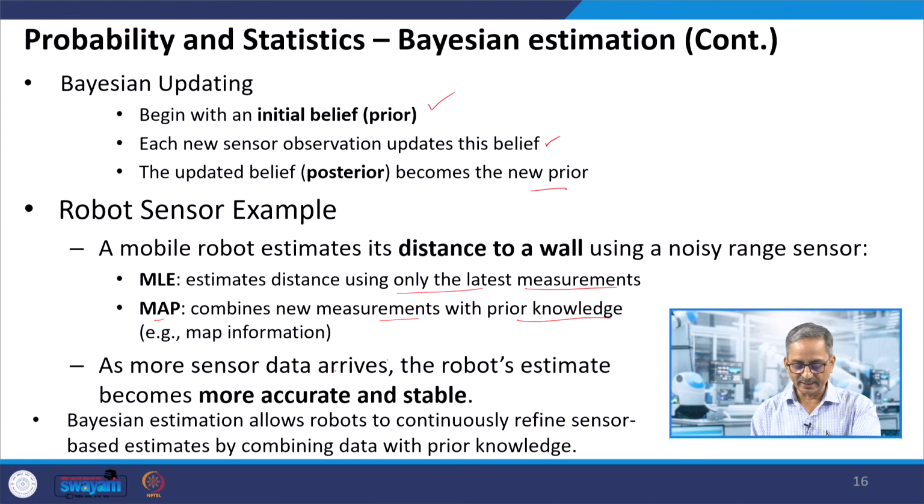As more sensor data arrives, the robot estimates become more accurate and stable. Bayesian estimation allows robots to continuously refine sensor based estimates by combining data with prior knowledge.